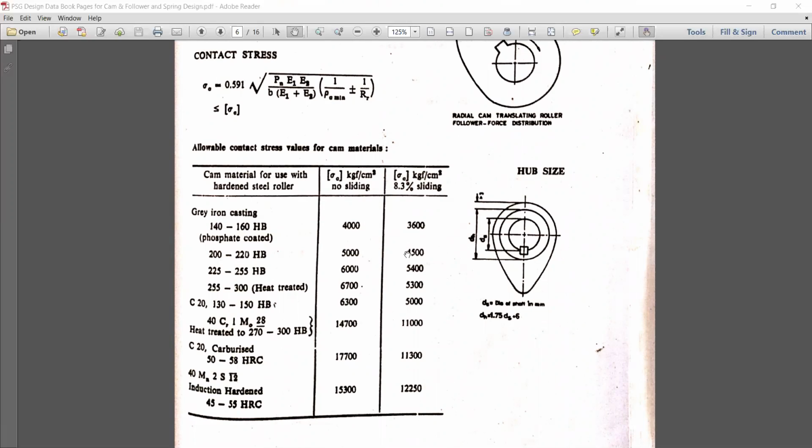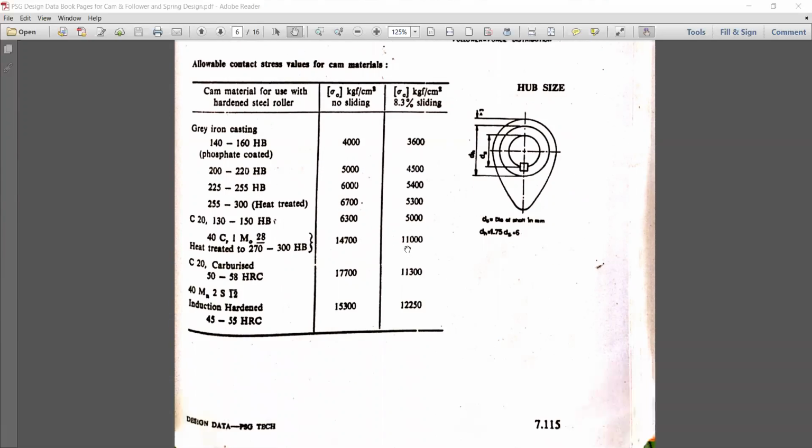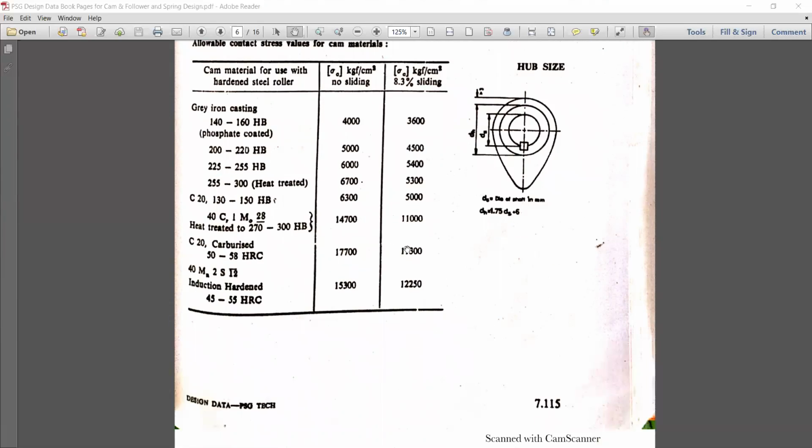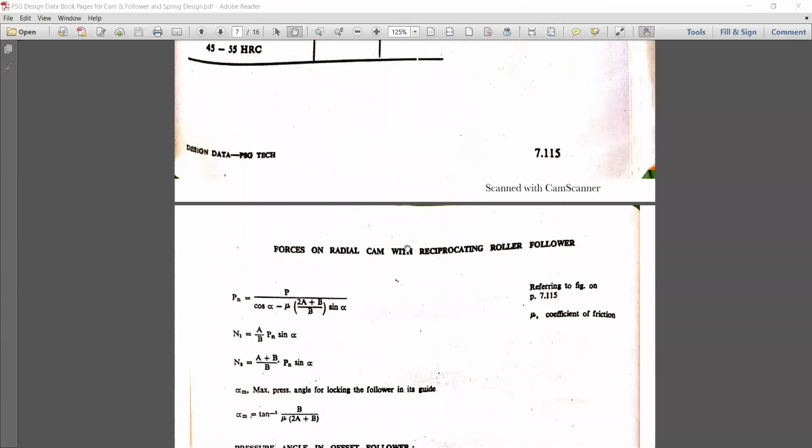For example, for gray cast iron, the hardness is 140 to 160 HB. If you consider a design contact stress, sigma c is up to 4000, and if you consider sliding, then it reduces to 3600 kgf per cm square. Similarly, they have provided values for different materials.